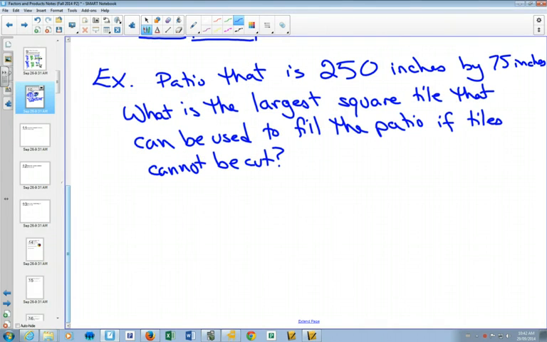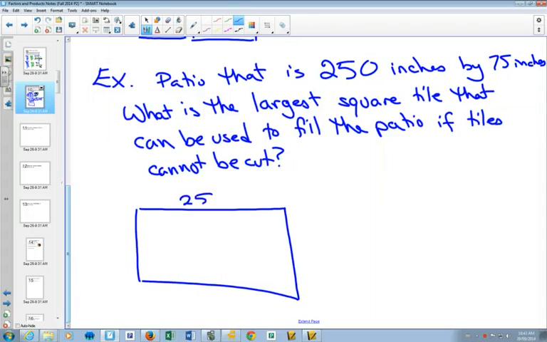So you've got 250 by 75 inches. 250 inches here and 75 inches there. What is the largest square tile that can be used to fill the patio if tiles cannot be cut?